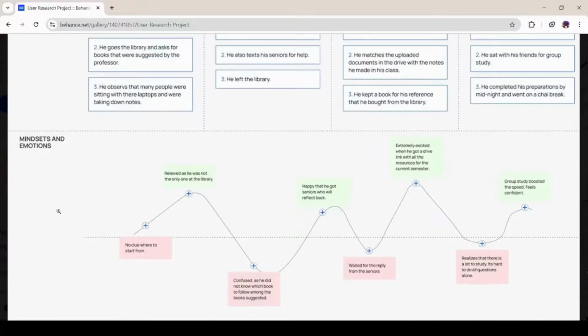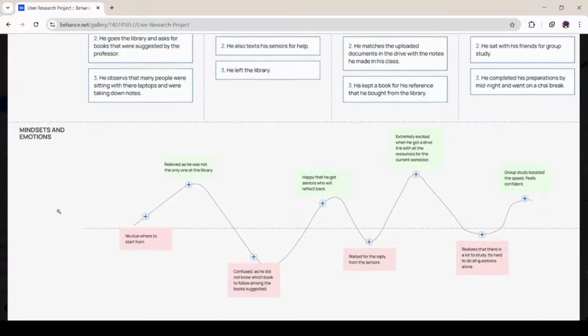And then comes mindset and emotion. When the person is clueless, where he has no idea, he's thinking that I have to start from scratch and everything, he's sad and confused and a lot of emotions are there, exams are coming. So in that case, the mindset and emotion part is very low. He's at his lowest point. Okay.